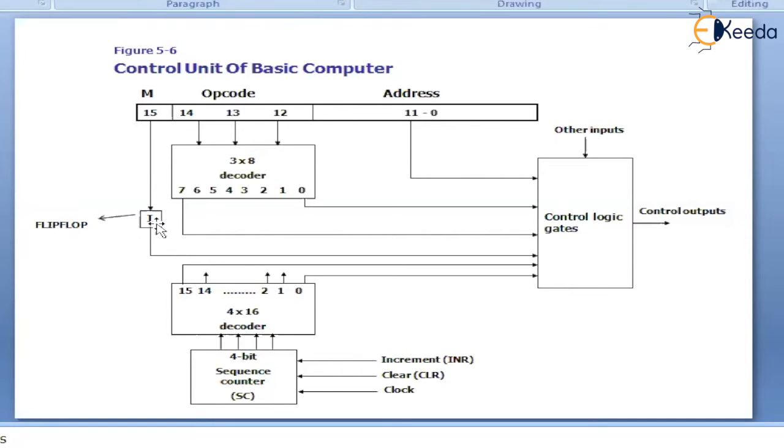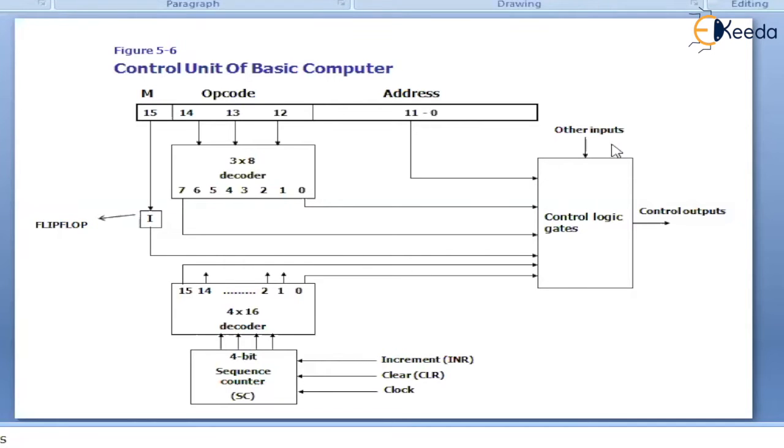You know that it can store either a 0 or a 1. Now, this flip-flop is going to receive a value from the mode digit. If the mode digit is equal to 0, the flip-flop will be equal to 0. Otherwise, if it is equal to 1, the flip-flop will be equal to 1. This is also connected to the control unit.